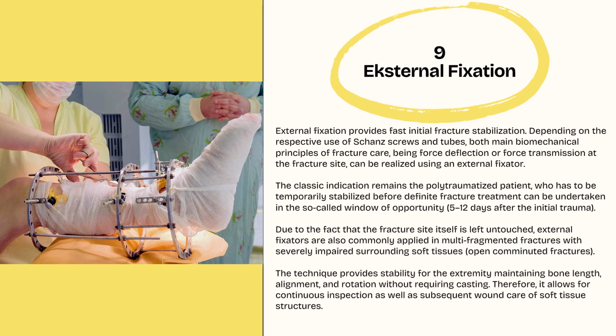This technique provides stability for the extremity, maintaining bone length, alignment, and rotation without requiring casting. Therefore, it allows for continuous inspection as well as subsequent wound care of soft tissue structures.